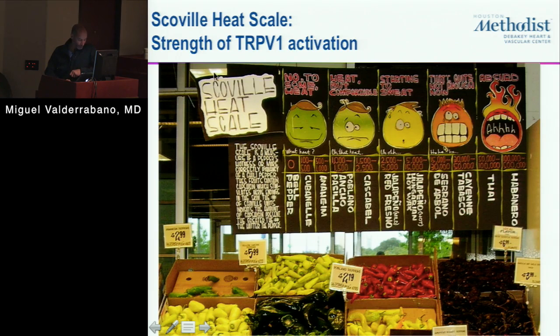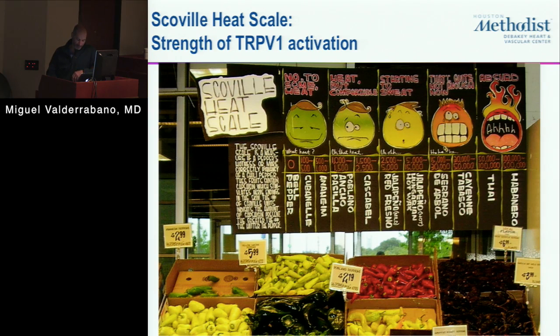There's a pharmacist called Scoville that came up with a Scoville heat scale that measures in some units, I don't know where the units are coming from, how spicy food is, and this is related to how potent an analog of TRPV1 the food you're eating has. Capsaicin is very active.